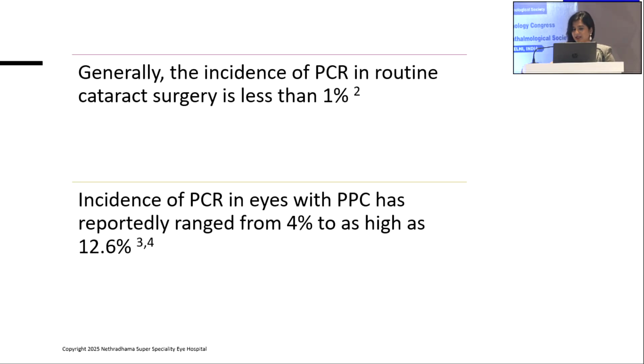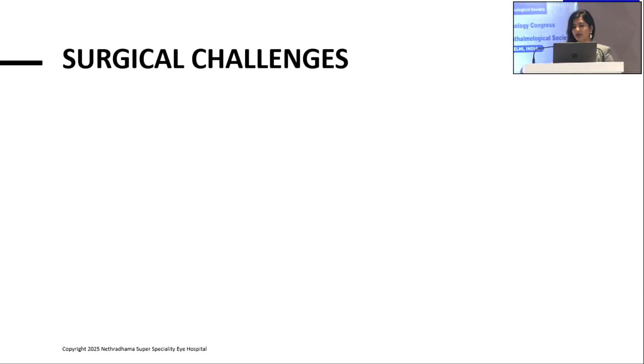Now, generally the incidence of PCR in routine cataract surgery is less than 1%, but with PPCs it ranges from 14% to as high as 36%. So that's a huge percentage of eyes that can have complications in your cataract surgery.